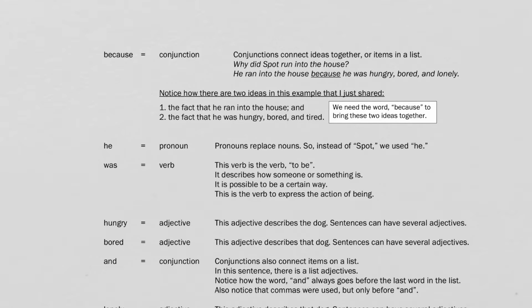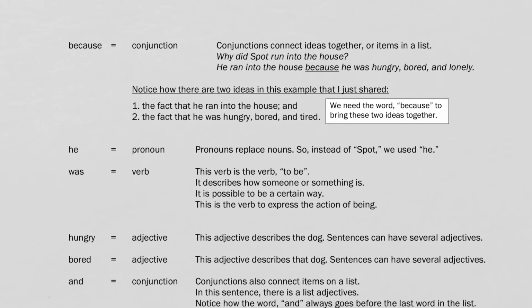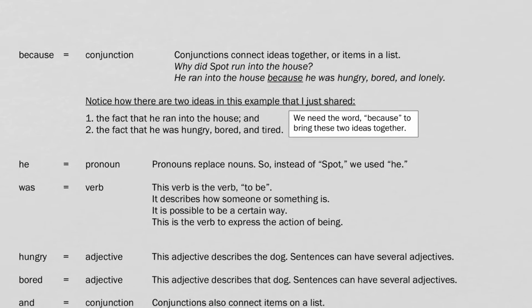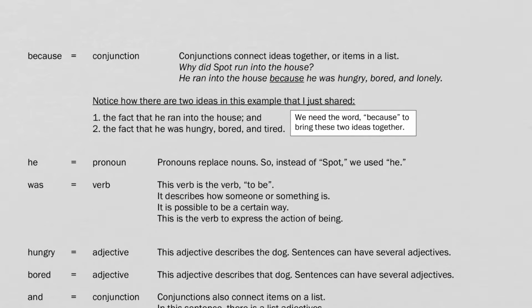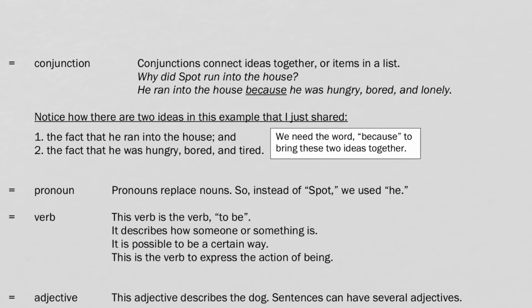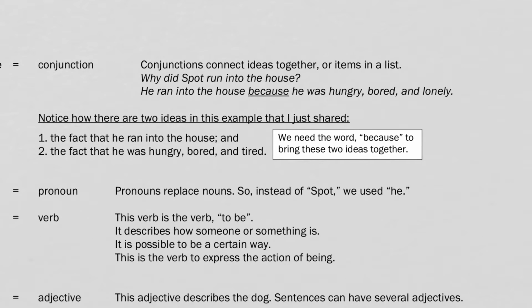So let me just go through the word because one more time. All right. Because is a conjunction. All right. It's actually a subordinating conjunction. But that doesn't really matter. What we need to know is that conjunctions connect ideas together. Or they can also connect items in a list, right? And this word because answers a question too, right?